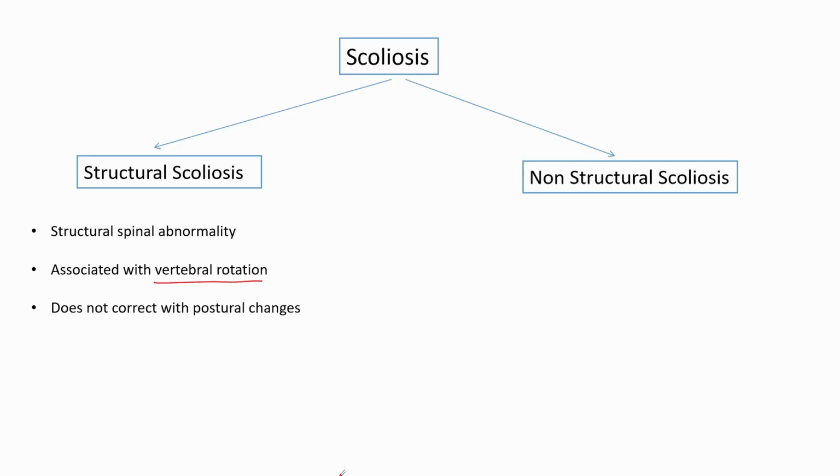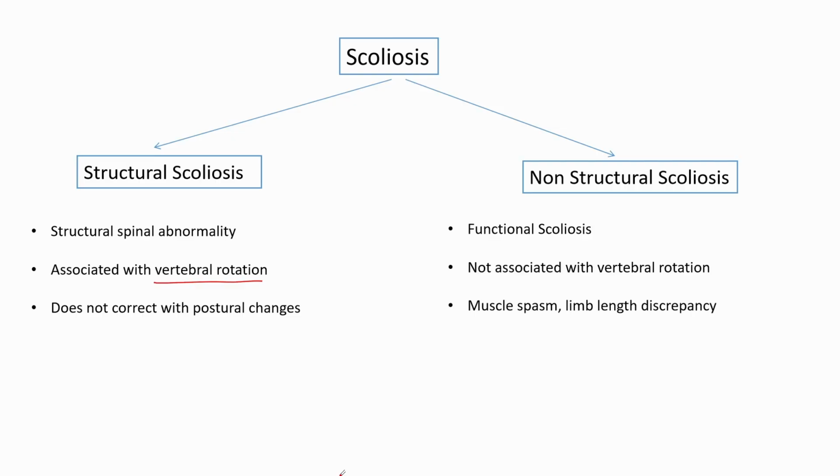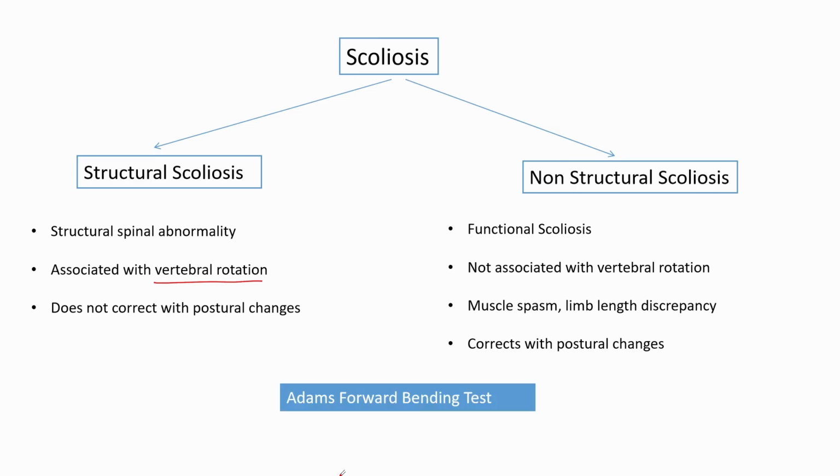This usually does not correct with postural changes. Non-structural scoliosis is also known as functional scoliosis. It is not associated with vertebral rotation. Common causes include muscle spasm and limb length discrepancy. It usually corrects with postural changes.